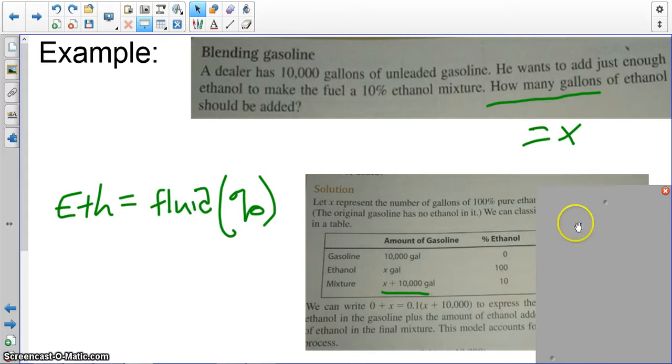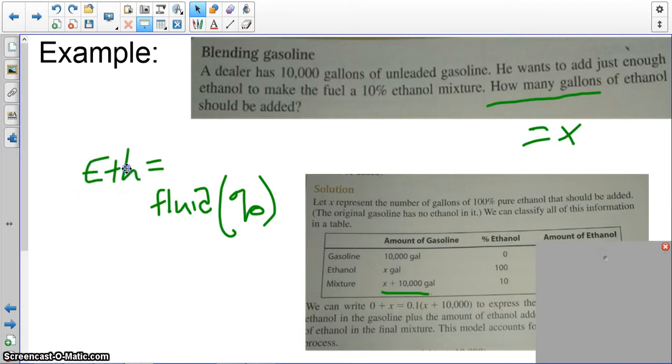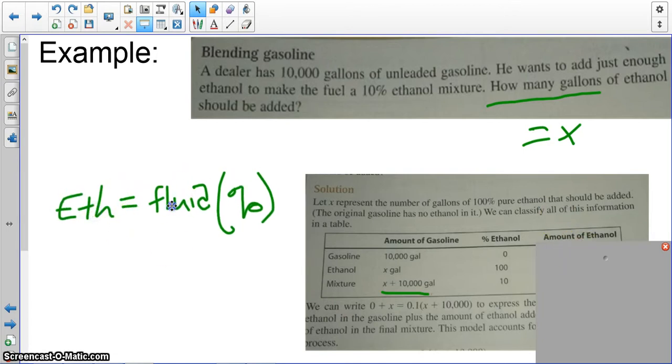And the last column is the actual amount of ethanol. This amount should be the amount of fluid, whether gasoline, ethanol or the mix, times the percent ethanol in that particular thing. So 0, 100%, 10%, and you just multiply straight across. So it's 10,000 times 0, x times 100%, and this business times that.